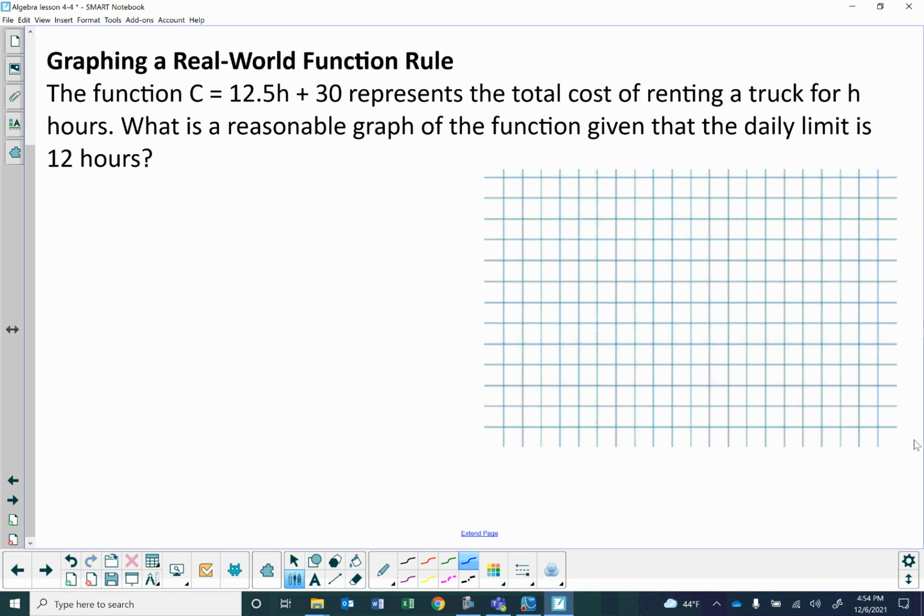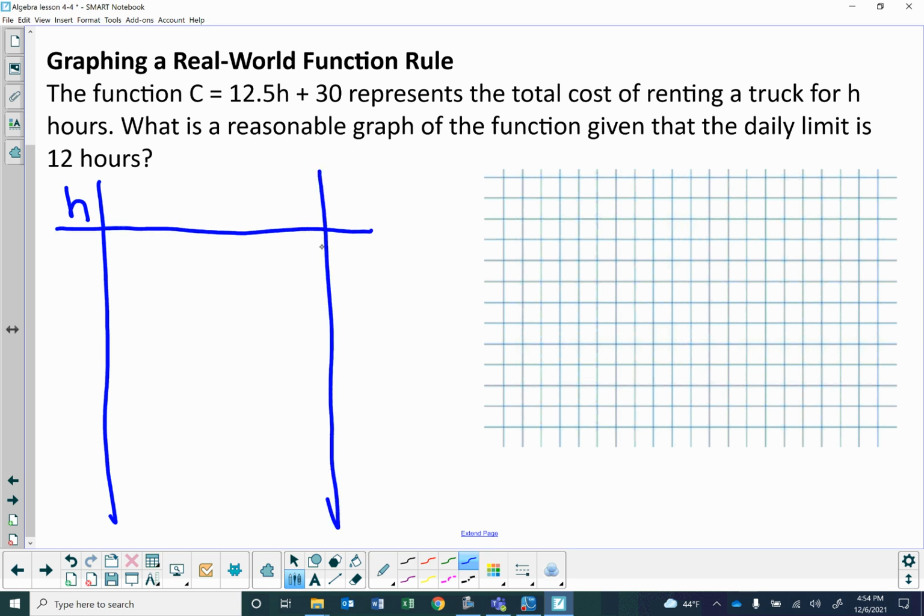Okay, so first thing I'm going to do is make a table. So I have hours, cost. Okay, and we know it's 12.5h plus 30.